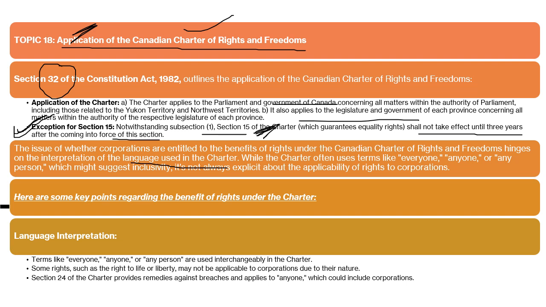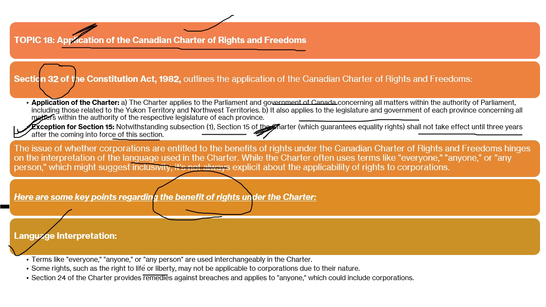It's not always explicit. So we have to go by every provision, and in every single provision we have to see what language is used. So whenever we have to see who can get the benefit of rights under the Charter, we have to use language interpretation. Terms like everyone, anyone, any person are used interchangeably.